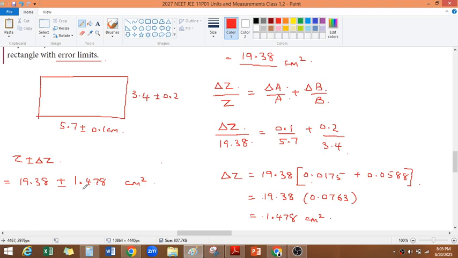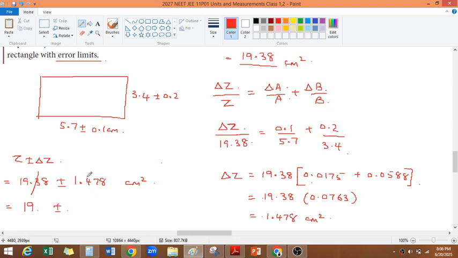So this can be written as 19. If I round it off, we will come to this in the next topic, this is not bigger than 5. So that means 19 will remain as 19.